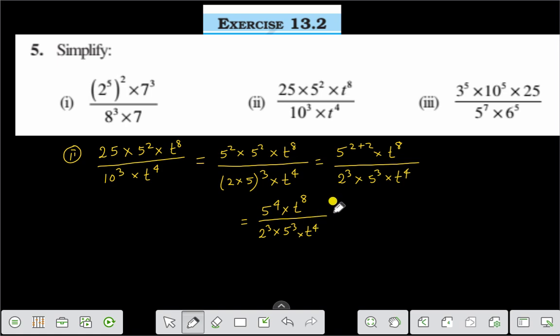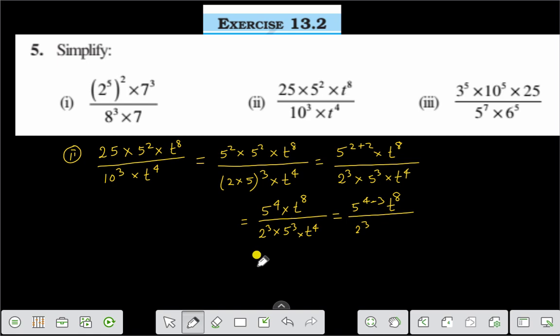You can find this way, this is division, right? Then we can find 5 to the power 4 minus 3 into t to the power 8 divided by 2 to the power 3 into t to the power 4, that is t to the power 8 minus 4.